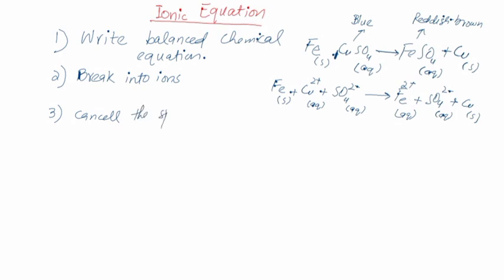So next is to cancel the spectator ions. What are the spectator ions? We have to know them. First, they do not react. Spectator ions remain as they are on both sides of the equation, and they do not react.